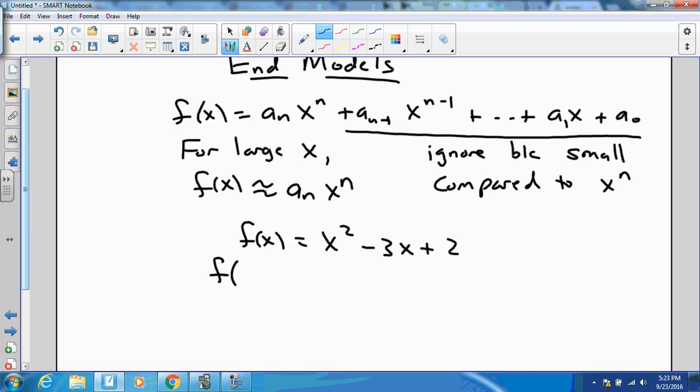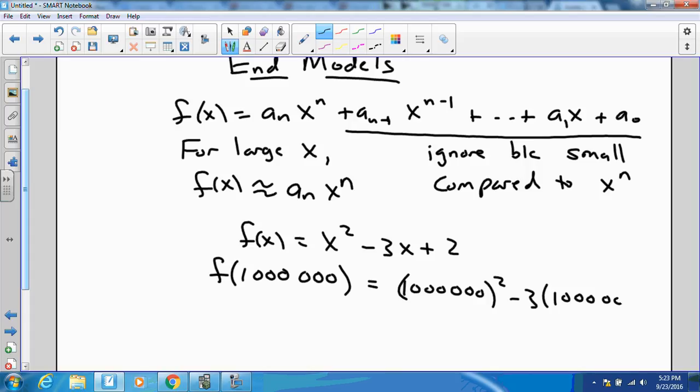So here's my f of x. And now I want to consider a large number. Now, in the world of math, a large number is a number with, say, 300 digits. But we're going to take what we would consider a medium-sized number in math, and that's a million. If I take f of 1 million, then what I get is 1 million squared minus 3 times a million plus 2.